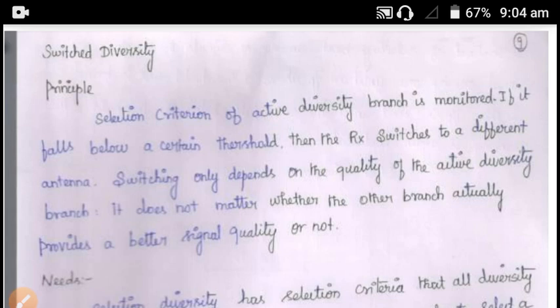When it selects one branch and finds it good, it won't go on to another channel. They will just stay with the one of good quality that they already selected.